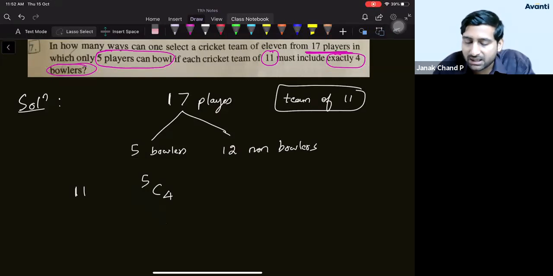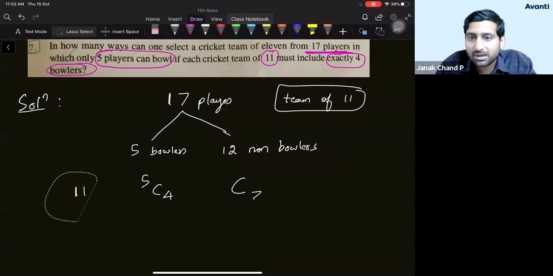But, student, my team of 11 is not completed just by choosing bowlers. Along with the bowlers, I should choose 7 remaining members. See, out of 11, if I have already chosen 4 members, I should choose 7 more members from the remaining non-bowlers. Totally, we have 17, out of which 5 are bowlers, 12 are non-bowlers.